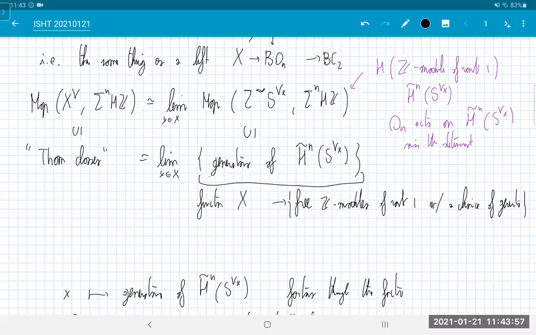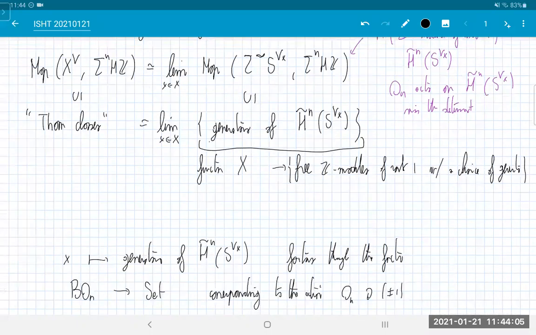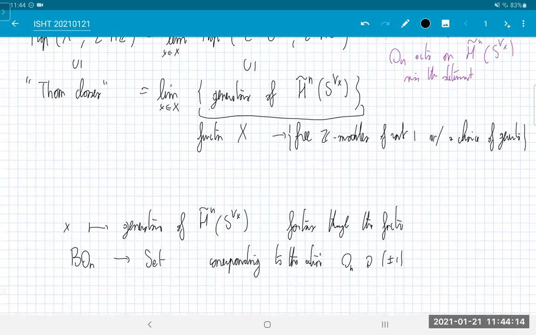But this is a contractible category, so you can think of it as a natural isomorphism of the functor.